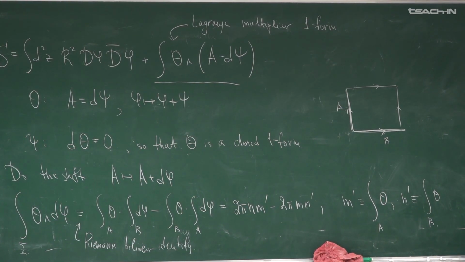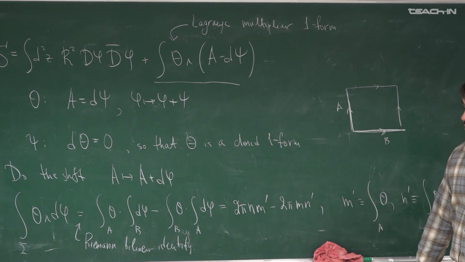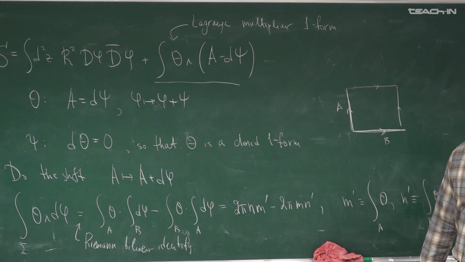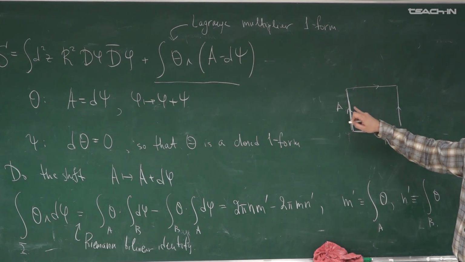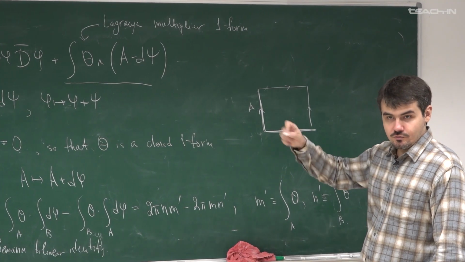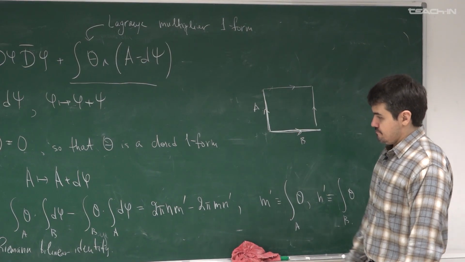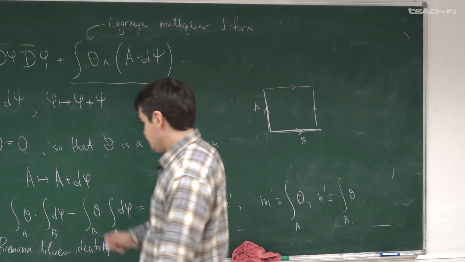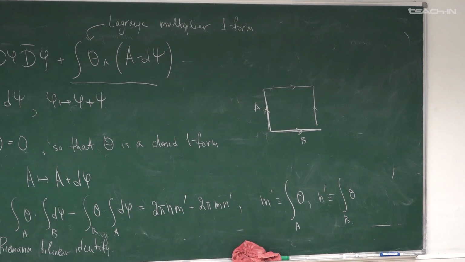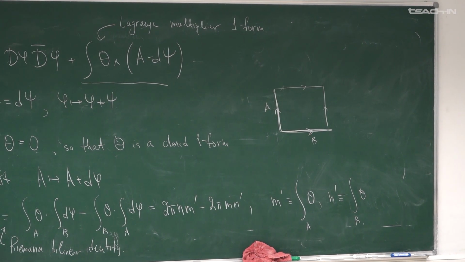So here closed forms are exact. So you integrate over the square, and then the integral boils down to the integral over the boundary, and you remember that actually these integrals over A and B cycles come from integrals over the boundary. So you can just prove it like that.